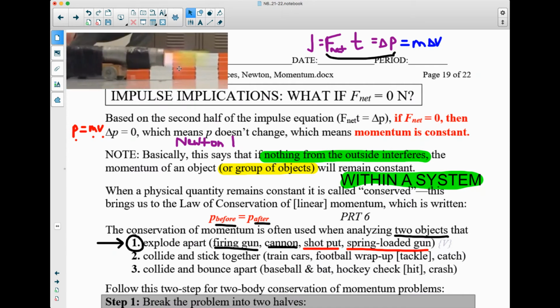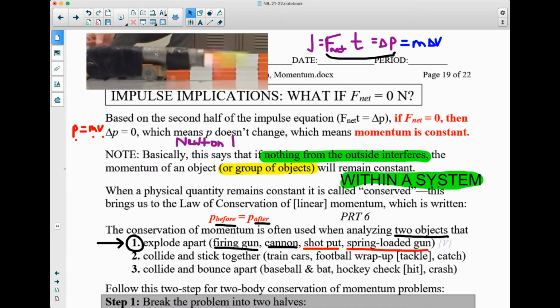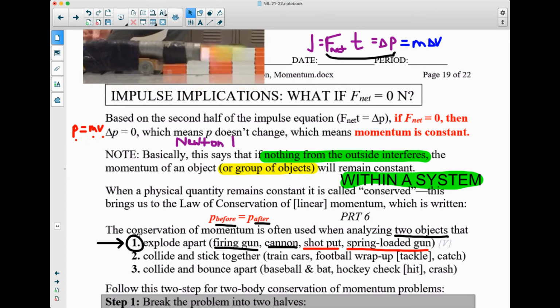Anyway, let's check this out. This that we did in the hallway yesterday, our cannon and tennis balls, our tennis ball cannon, is a good example of a conservation of momentum problem with two objects that explode. So if you notice up here, we have object 1 is the cannon, and object 2 is the ball.